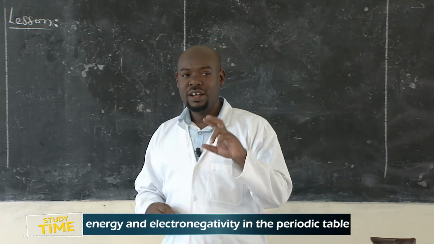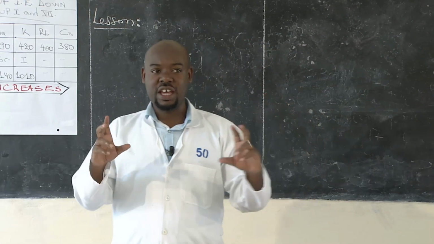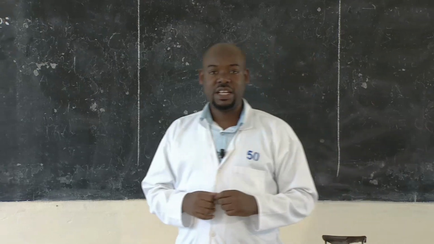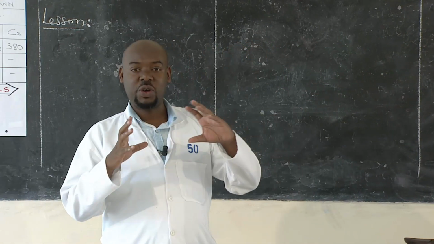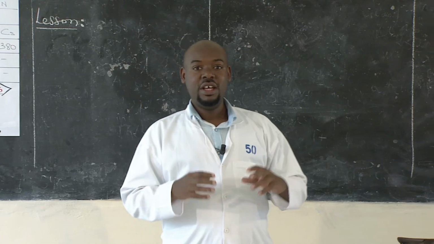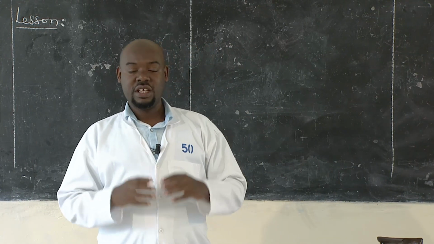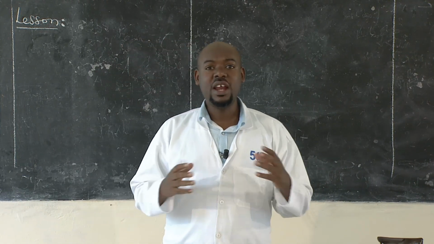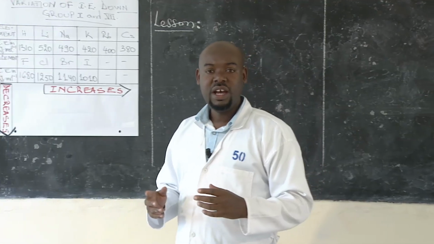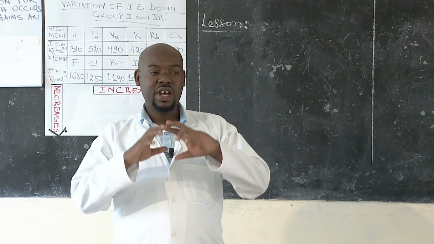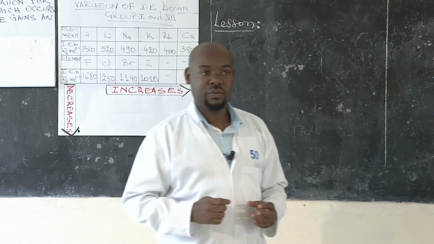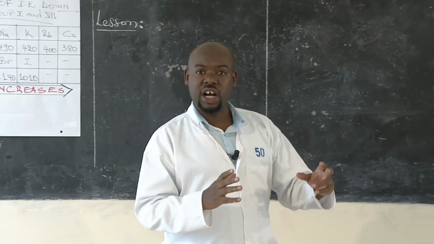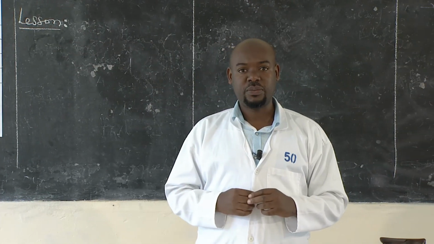If I remember well, that was one of the questions I gave you for the homework. All right. As you move across the period, the atomic radius decreases. Why does it decrease? It is because of the other factors we have seen. We have two factors, the nuclear charge and the screening effect.